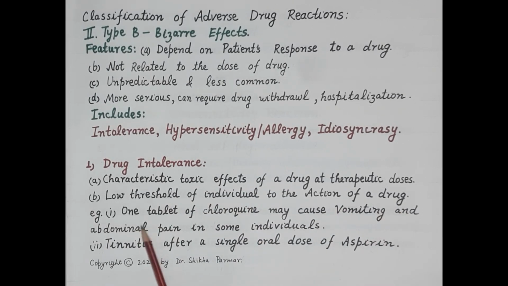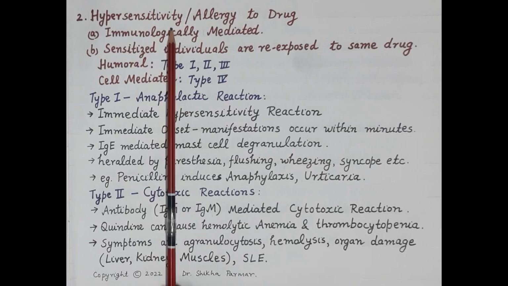For example, one tablet of chloroquine may cause vomiting and abdominal pain in some individuals. Then tinnitus. Tinnitus, that is the ringing in the ears, is produced only in a few individuals after a single oral dose of aspirin. So these are examples of drug intolerance.